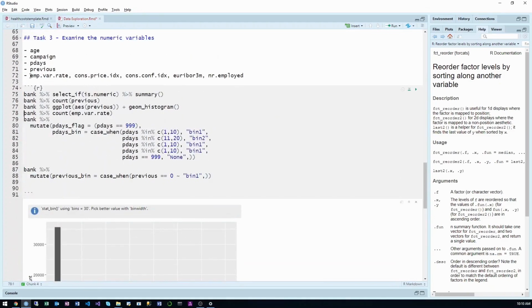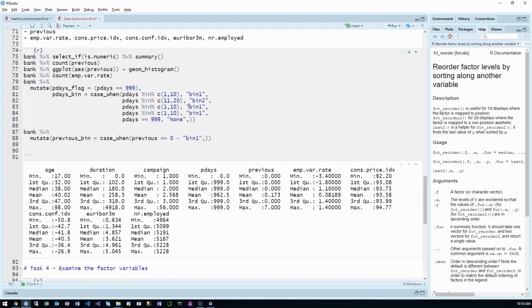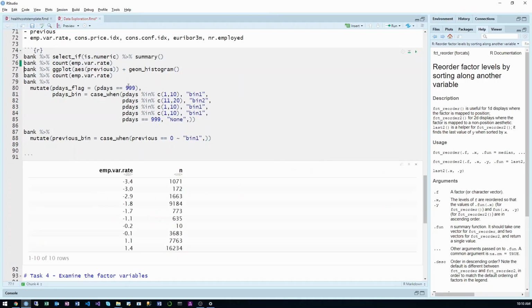Then there are these economic indicators. There's employee rate, consumer price index, and so forth. If you look at the summary, you can see that they're numeric values, and you look at the counts, you can see that there are only 10 unique values.